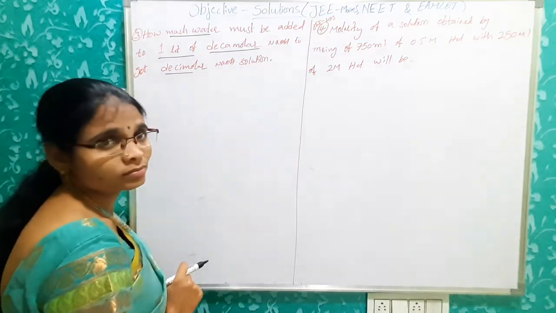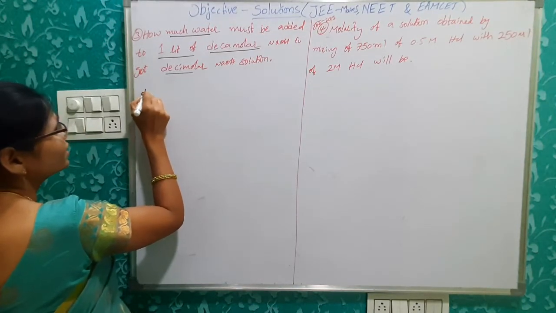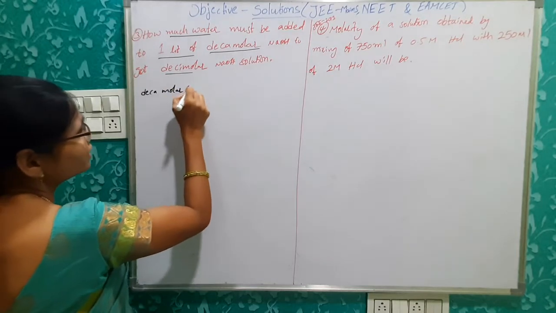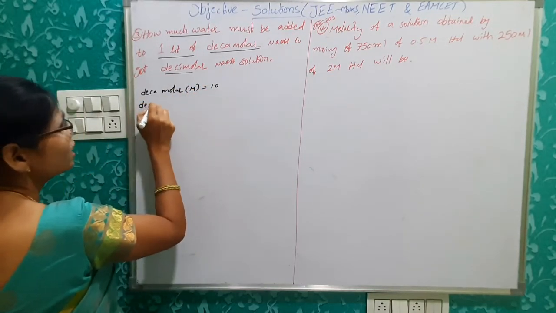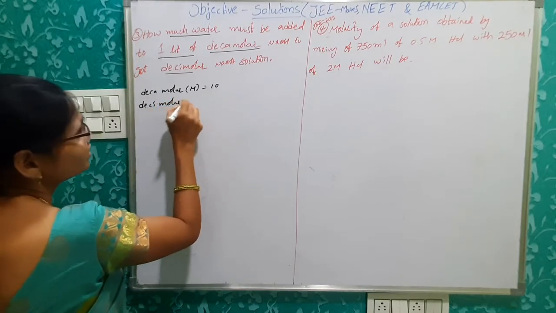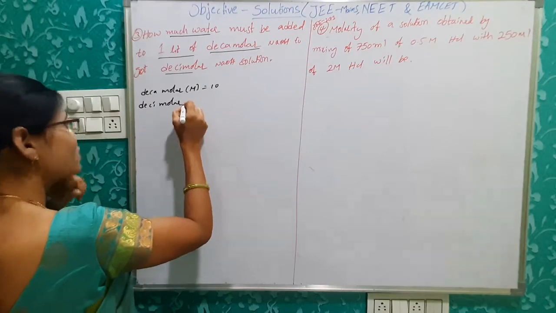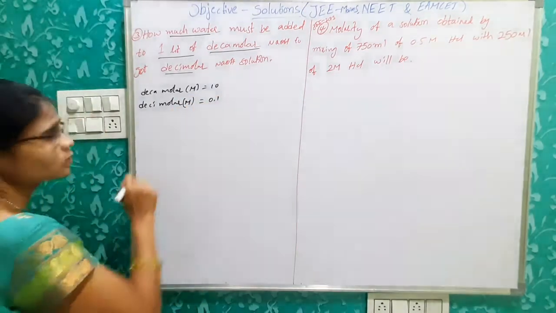NaOH solution? So first of all, decamolar means molarity is equal to 10. Decimolar means M is equal to 0.1.